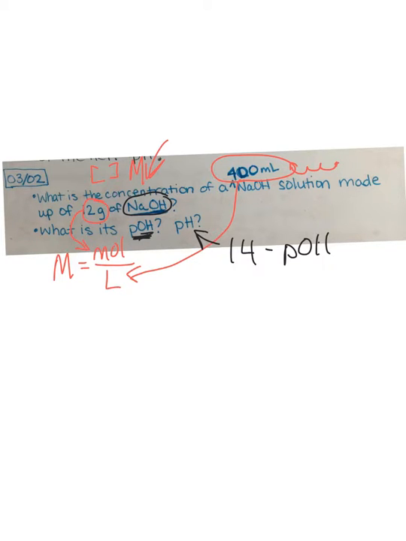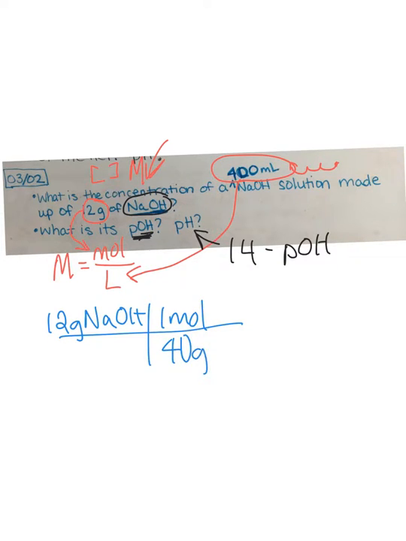So you should have started out with your 12 grams of NaOH, right? And then we said 1 mole of that was equal to about 40 grams. When you did that, you should have gotten 0.3 moles, okay?